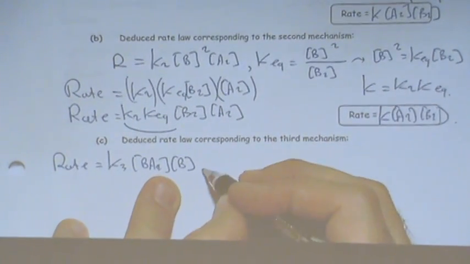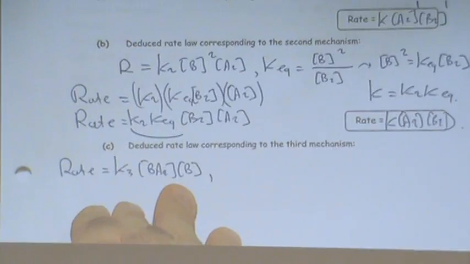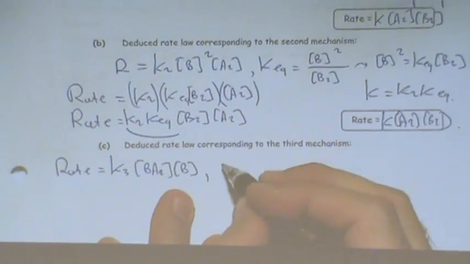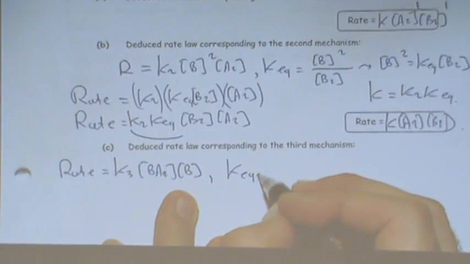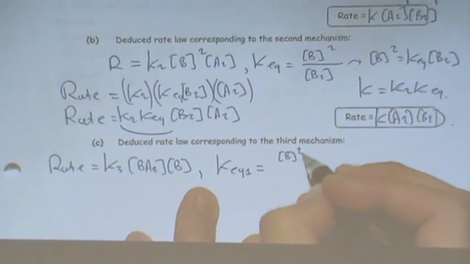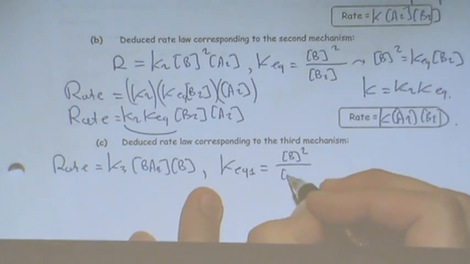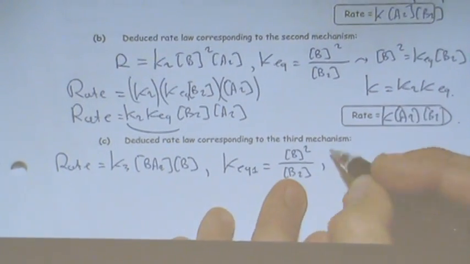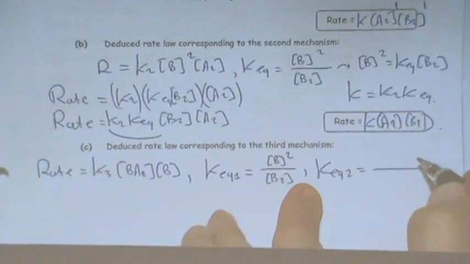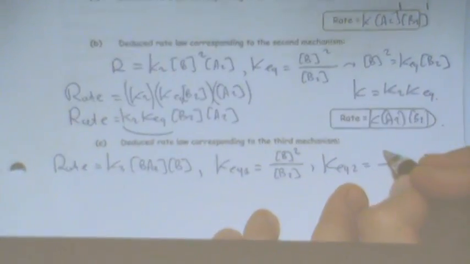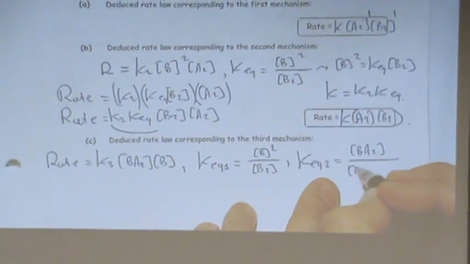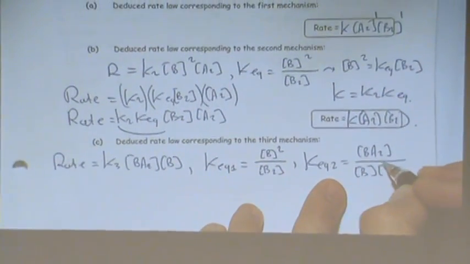So now we have 2 equilibrium systems, 2 reversible systems. So we can write 2 equilibrium constants, K equilibrium 1 for the first one, which is going to be like this, and K equilibrium 2, which will be BA2 over the reactants.